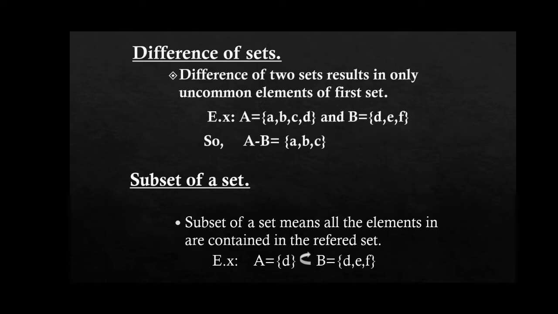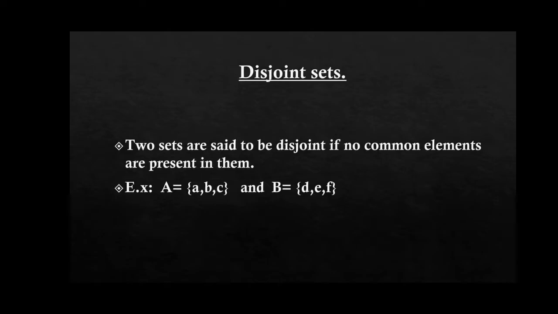While subset of the set means elements that are contained in the referred set. For example, A is the subset of B. Here you can see that A is equal to D while B is equal to DEF. So A is the subset of B because B also has D. Now coming towards the disjoint sets.